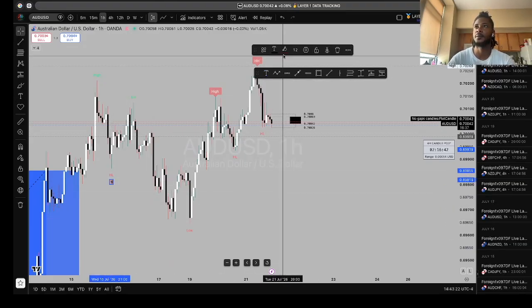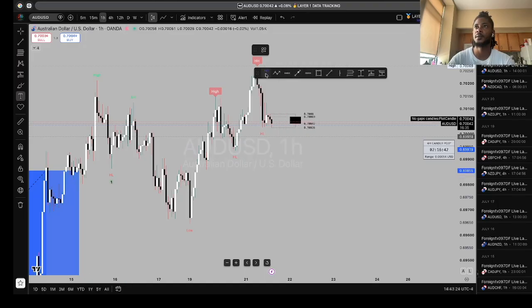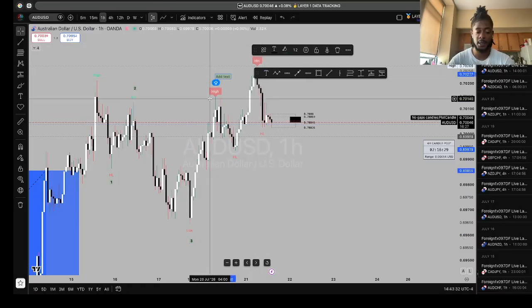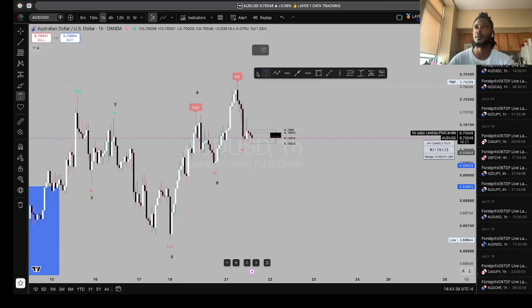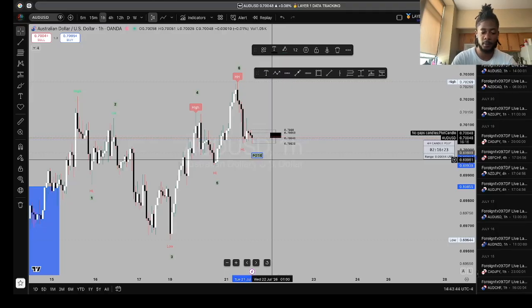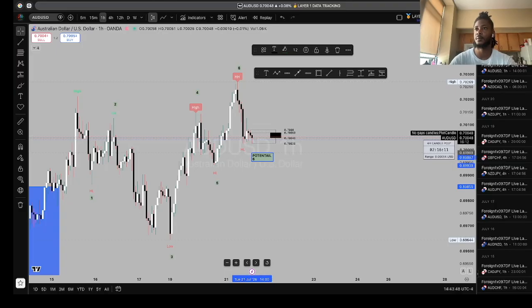So we have one swing right there. Two. So I guess this is the first trade where I literally break down my system in depth. So this is without my tool, and this would be 6, and this would be the potential 6 leg.